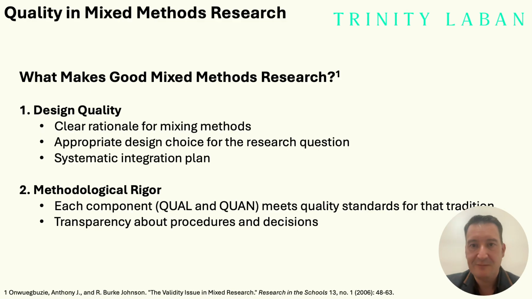Your quantitative work needs appropriate sampling, valid measurements, correct statistical analysis. This is demanding because you need competence in both traditions. You can't be sloppy about qualitative work and hope that the quantitative, for instance, is going to compensate. Each strand needs to be rigorous in its own terms.